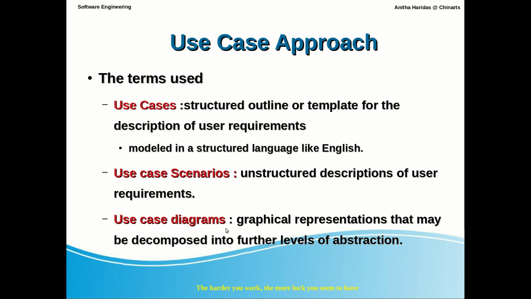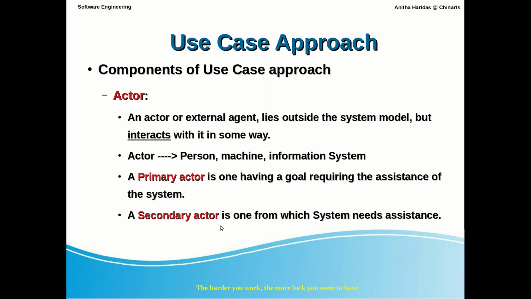This is a graphical representation which can be decomposed into further levels of abstraction. It describes who all the users are and what services or functionalities are provided for each and every end user. And each and every category of the users will also be described in the use case diagram.